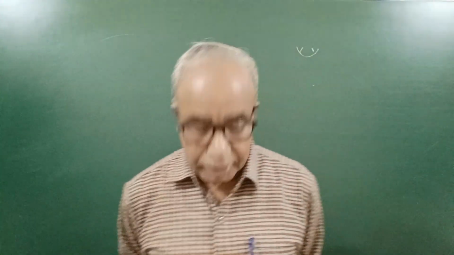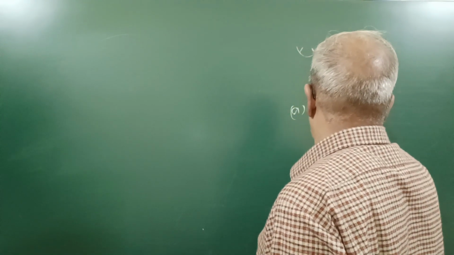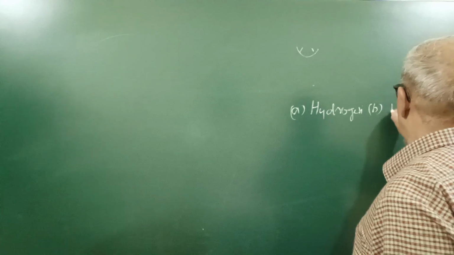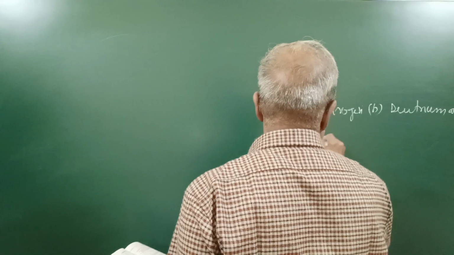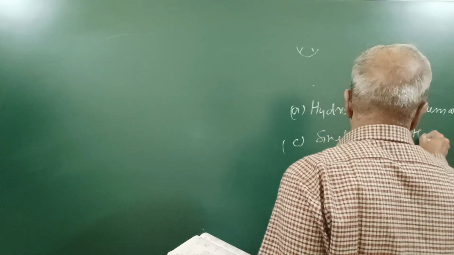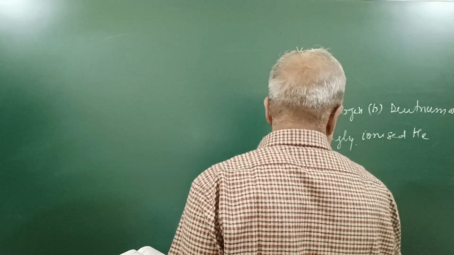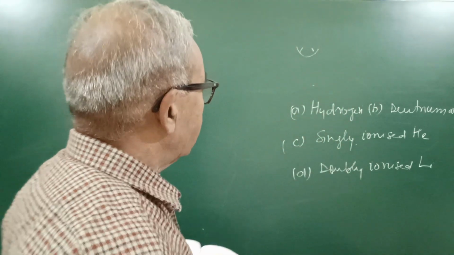Smallest orbit means first orbit. तो कौन कौन है? नंबर 1 A हाइड्रोजन, B deuterium atom, not ion, and C singly ionized helium, D doubly ionized lithium. क्वेश्चन क्या है?